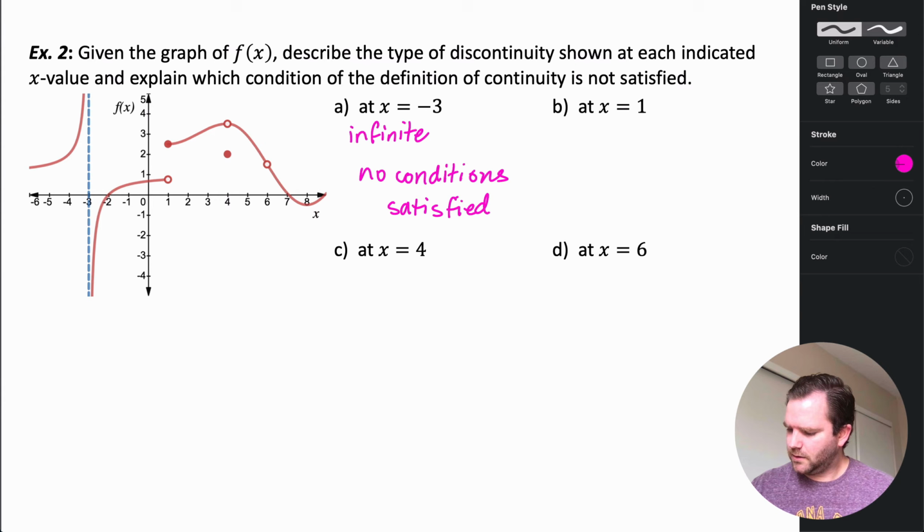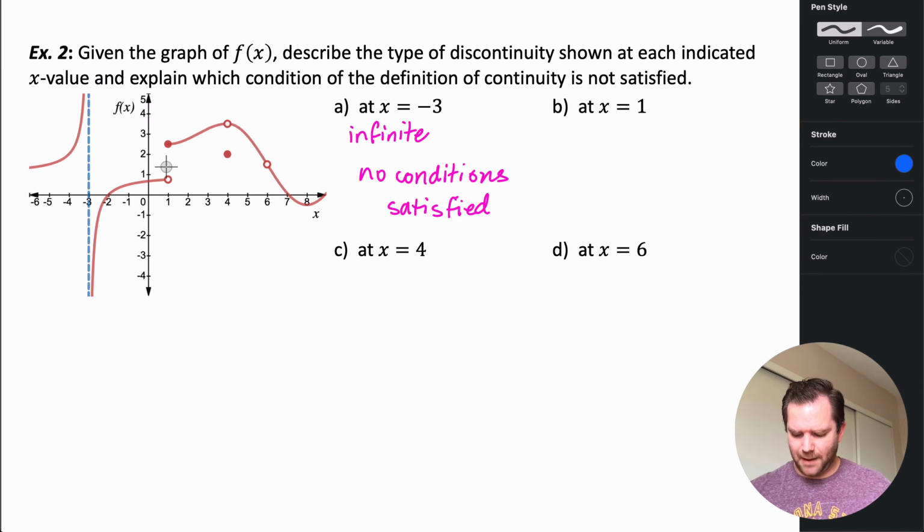Okay. What about at x equals 1? So here at 1, as I approach from the left, I see that my graph is approaching a y value of 1. And as I approach 1 from the right, I can see my curve is up here approaching somewhere at about 2.5. So they're approaching two different values.